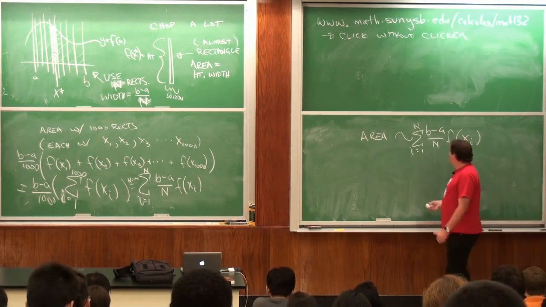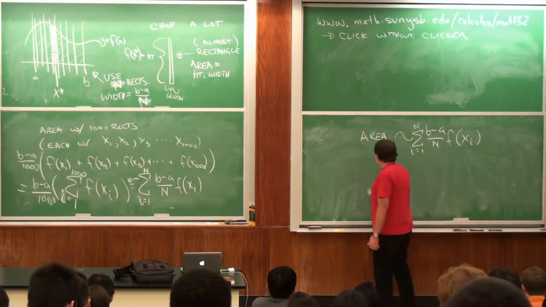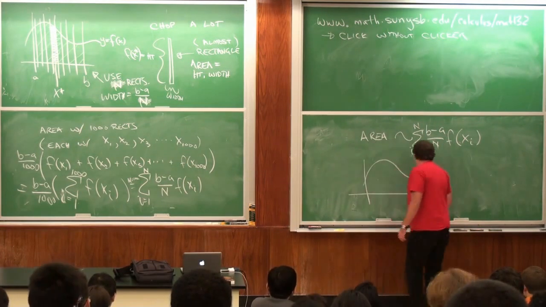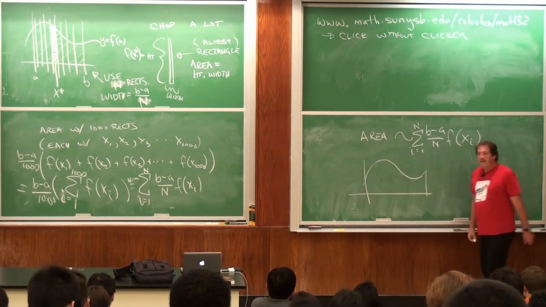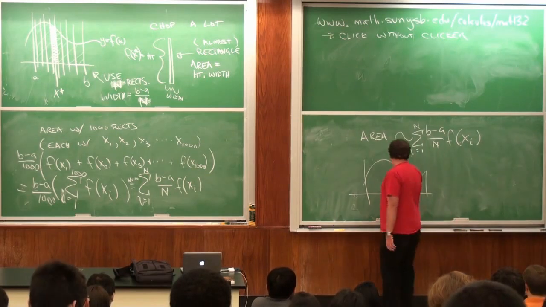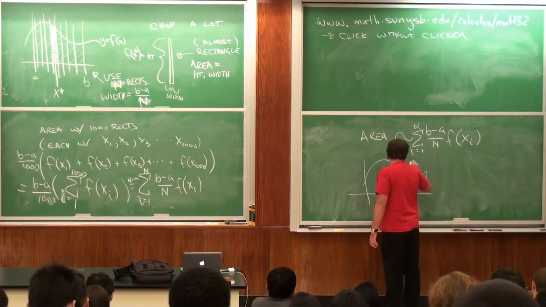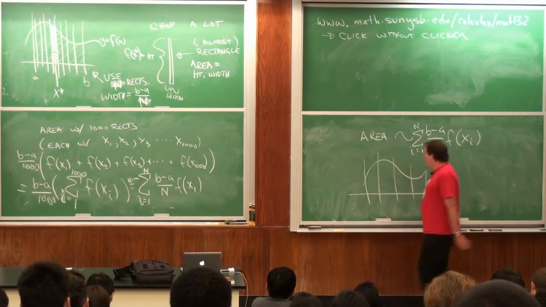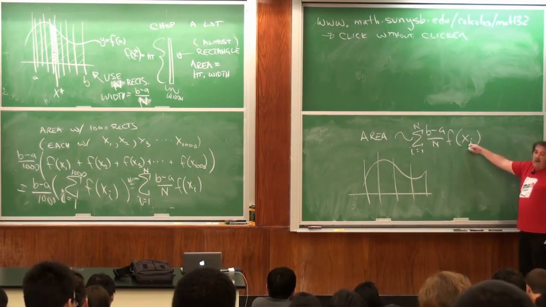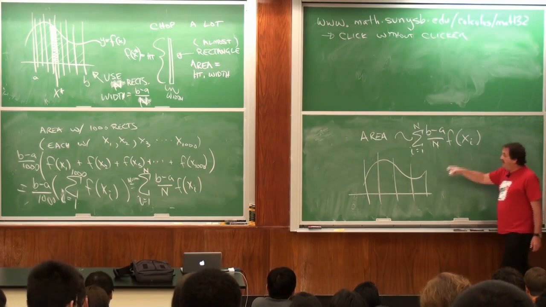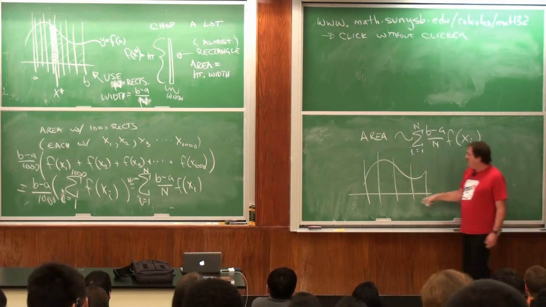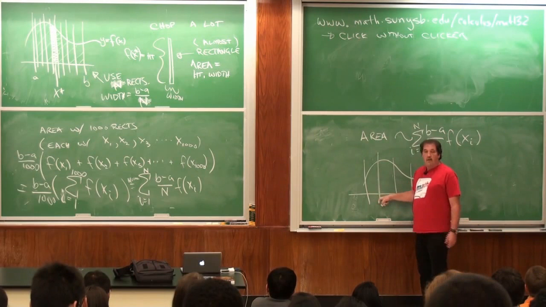Let me draw that picture, actually. Let me do n equals 4. Here's my function. I want to go from there to there. I want the area. I'm going to chop it into 4 pieces. There we go. I didn't tell you how to choose these xi's except that they live inside this region somewhere. So I get to choose x1 in here somewhere.